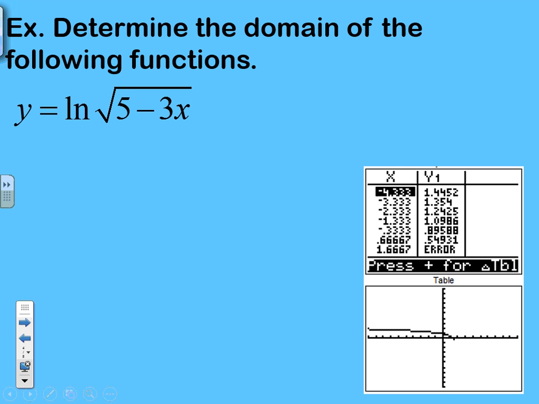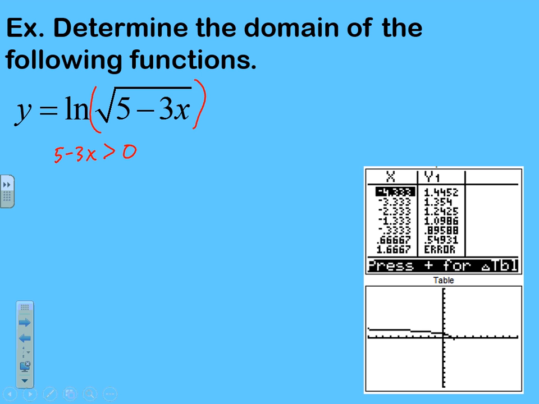So here, let's take a look at our next to last example. But here, algebraically speaking, we have the natural log of, and you could think of this in parentheses. The way that we would determine the domain of the logarithm is I'm only going to take the radicand, the 5 minus 3x, and set that greater than 0.